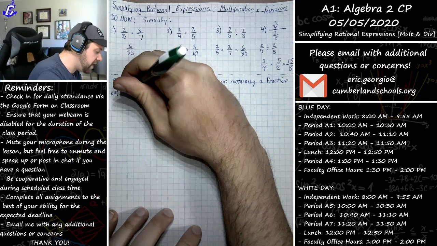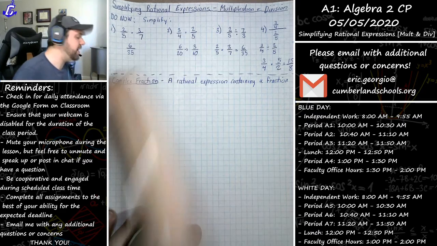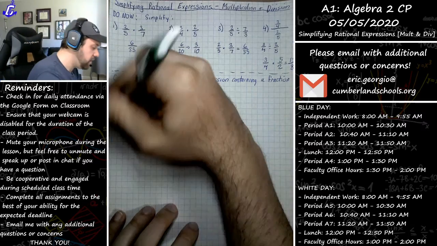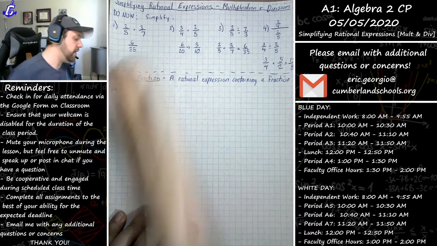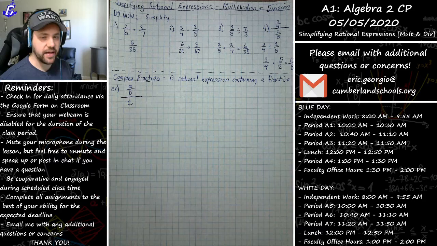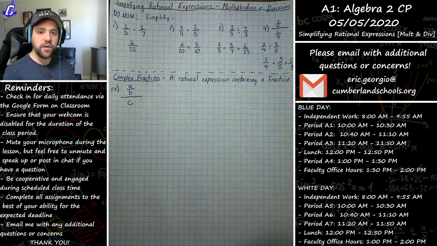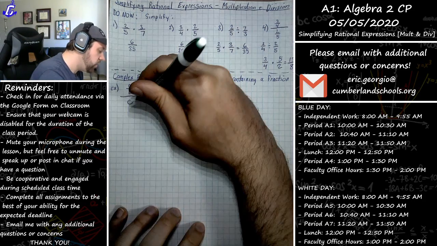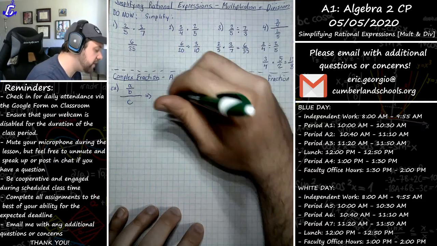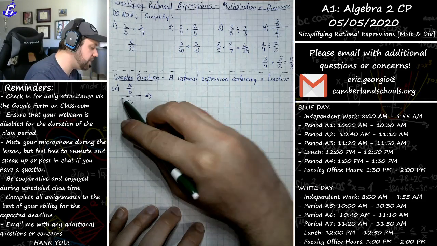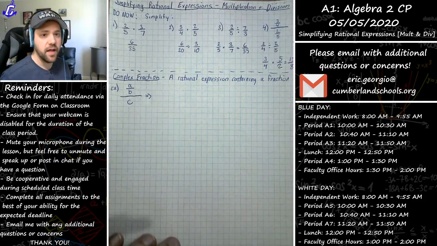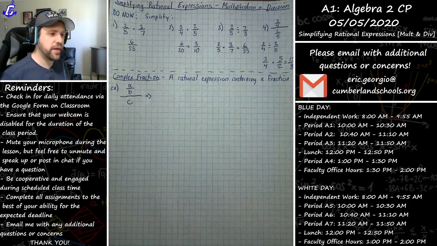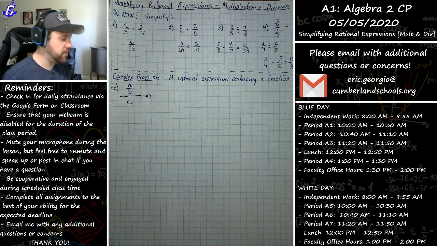If you have a over b for any numbers a and b, all divided by c, suppose I have a complex fraction that looks like that. Well, in order to simplify it, I can rewrite that as if we're dividing everything by c, then just like before, we can really say that's multiplying by the reciprocal.